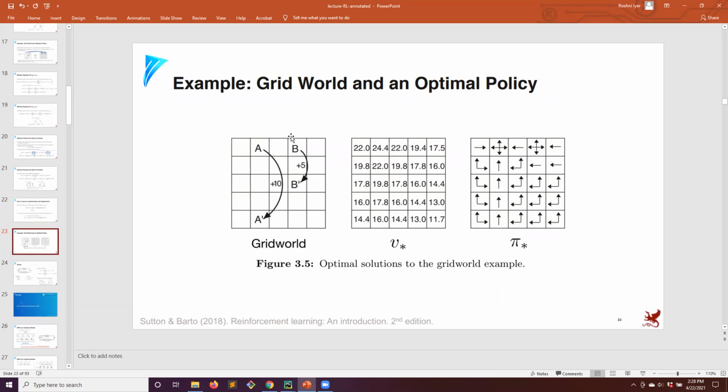Each of these cells is a state in this 5x5 grid world, and this is, for example, what the optimal value function looks like, and then we can get the corresponding optimal policy. These are the different actions we take from each of the states to get to the next state.